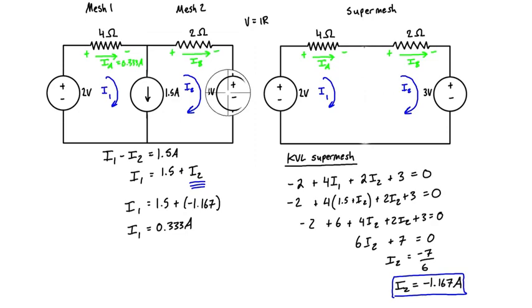Now for IB, we calculated I2 to be negative 1.167 amps, and IB is equal to I2, so IB is equal to negative 1.167 amps, and that basically just means we have to switch the direction, and ultimately IB is really going to be going this way to the left with a value of 0.167 amps.